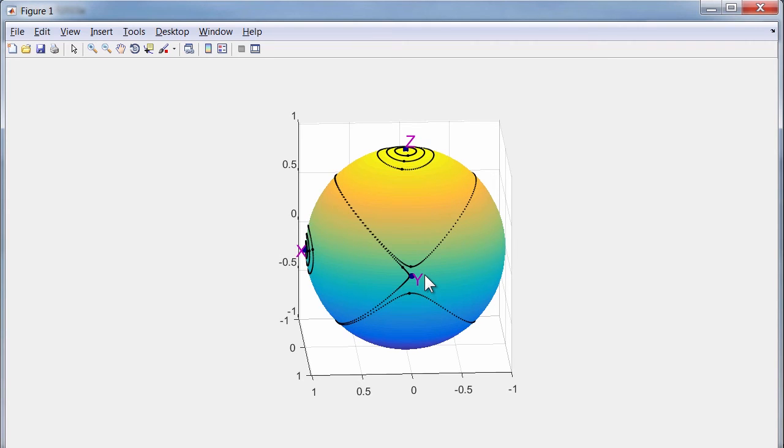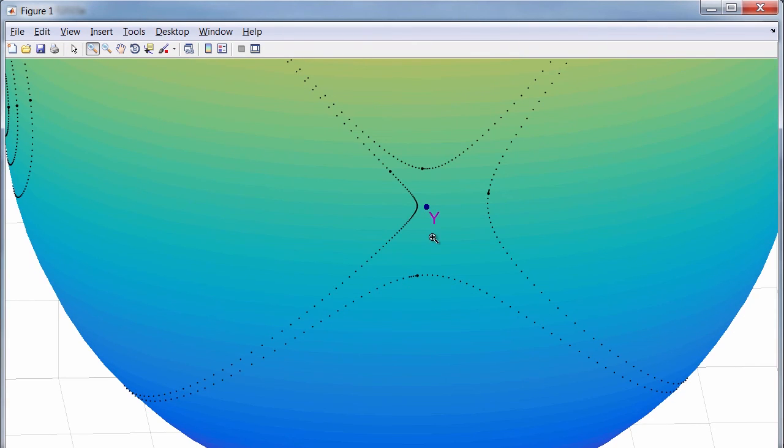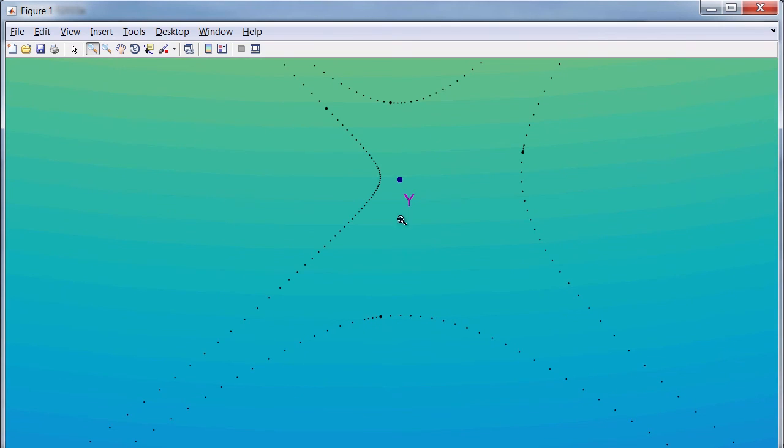Go to the right of y, we get an orbit around minus x. Let's zoom in a little bit. And we can see that y is a classic unstable critical point.